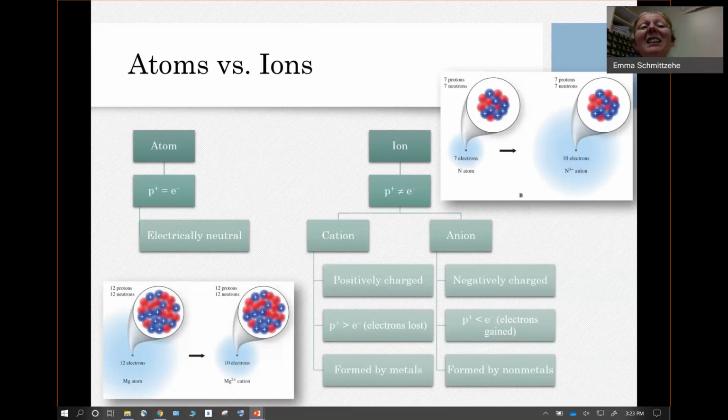It has 3 additional electrons, meaning that it's an anion. It has an overall negative 3 charge, which we write with a 3 minus next to it, okay? And so that's an anion. And that happens with a lot of different nonmetals. So metals tend to give up electrons, forming these cations, and nonmetals tend to take on extra electrons and form anions.